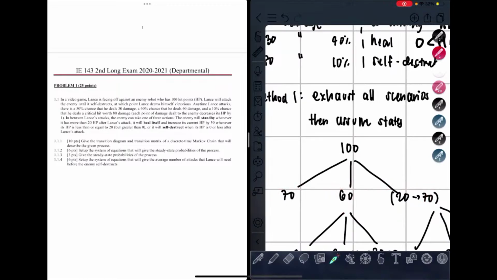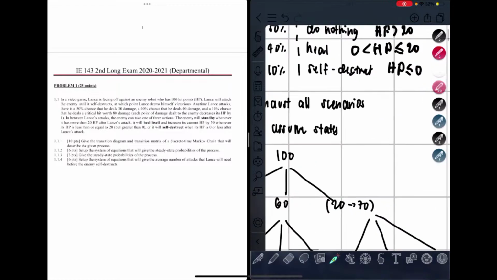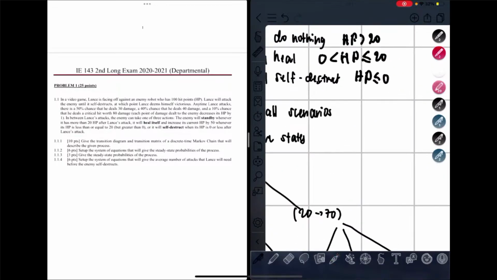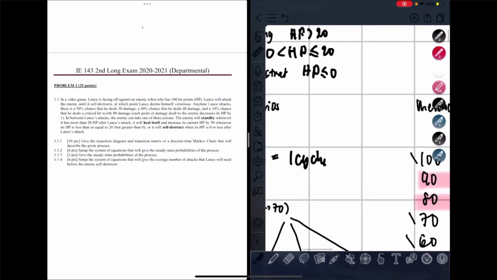If you think about it, we can set T as 1 cycle of damage from Lance plus the appropriate response from the enemy. That's one cycle of time, your T equals 1.